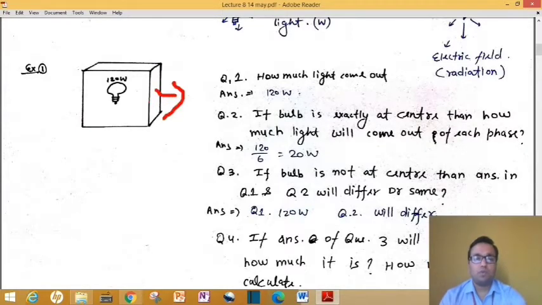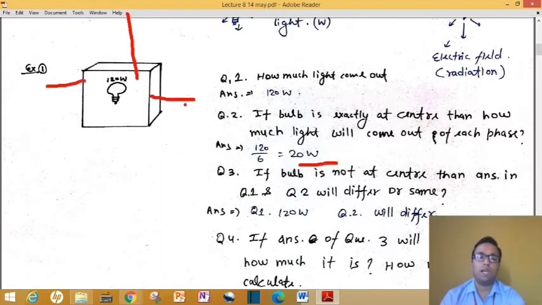So from each face how much light will come out? Tell me. If 120 watt is coming out of the whole cube, then from one face 120 divided by 6, that means 20 watt of power will come out. 20 from this, 20 from this, 20 from this, and like that, 6 times 20 is 120 watt.